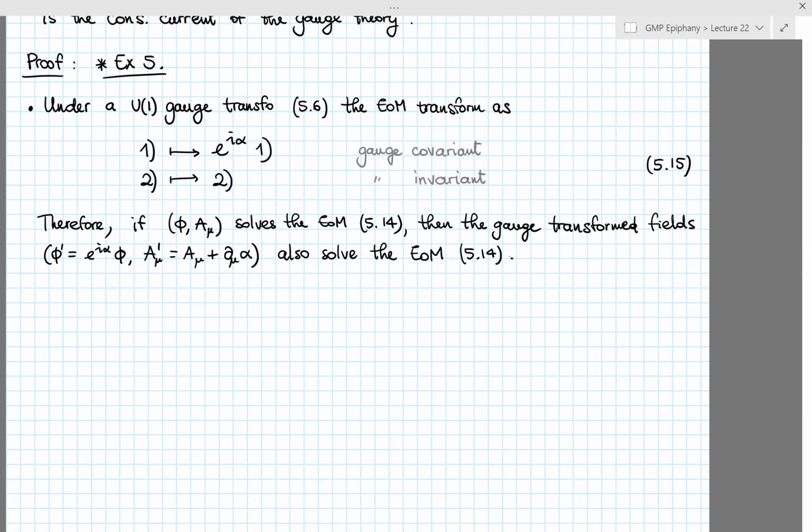But this means that the equations of motion only determine the fields phi and A mu up to a gauge transformation. In particular, suppose that we're given initial data specifying the value of the scalar field phi and the gauge field at an initial time t naught.